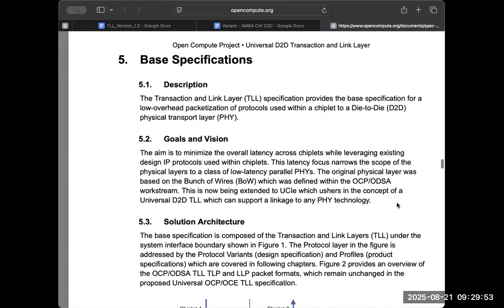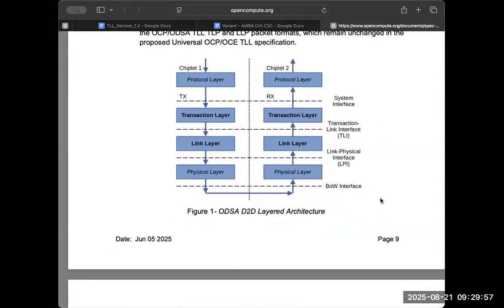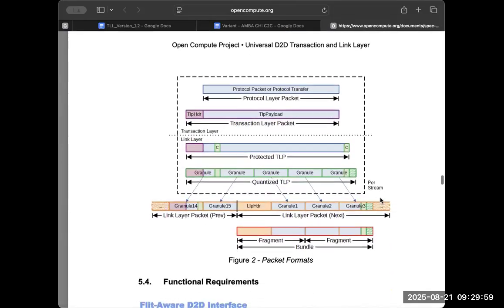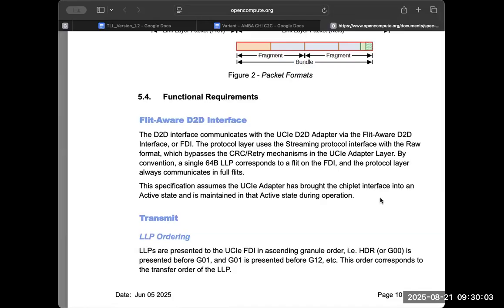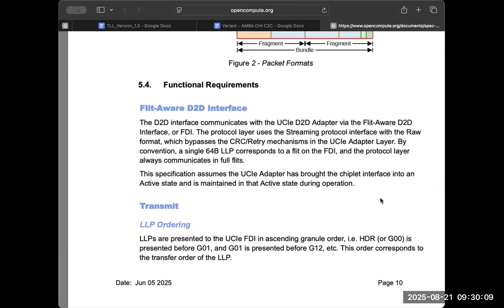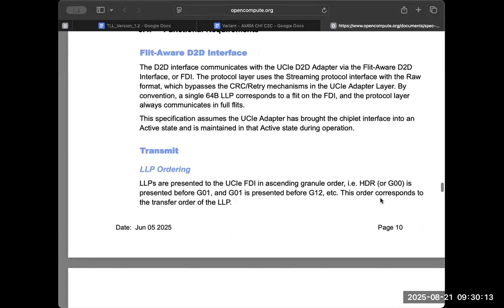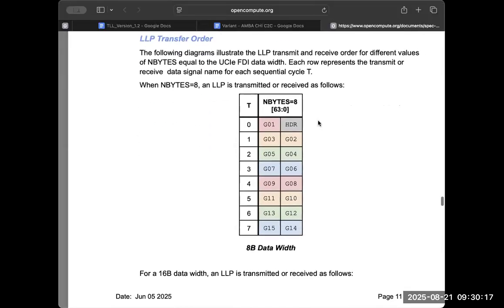So just going on, this is just a rehash of the TLL and the packet formats here. I think this stands on its own a little bit and it refers to the other specifications. So that's why I think we probably don't need to update the TLL anytime soon. But the key thing was the LLP ordering, which we defined here.